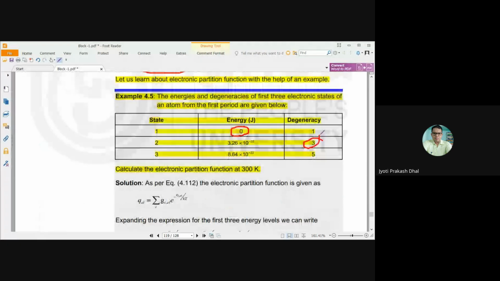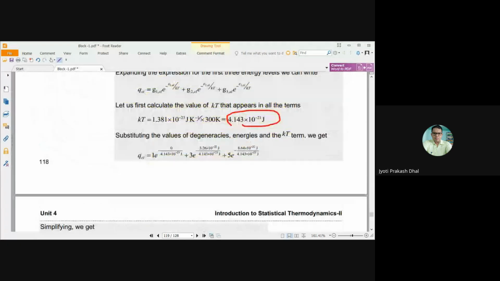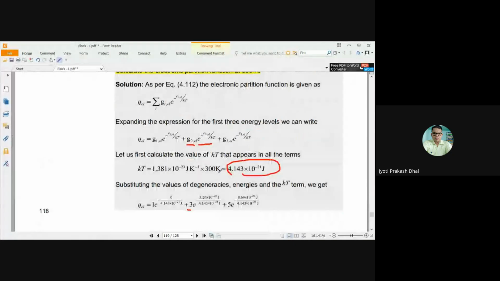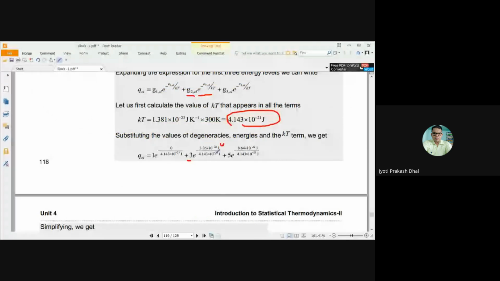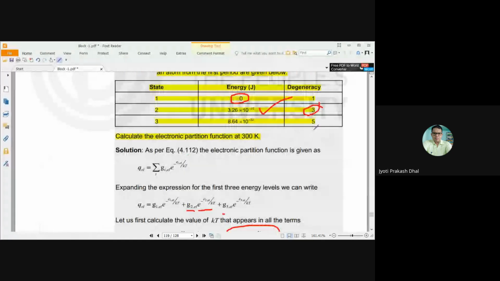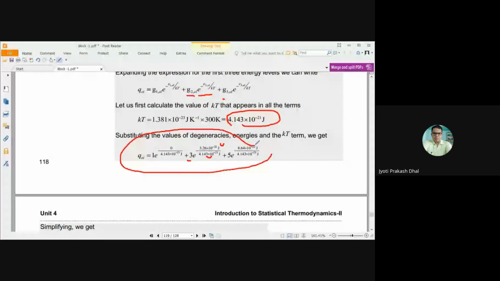So in place of g2 we will put 3, and after that e to the power minus epsilon 2 by kT. The value of epsilon 2 is given in the question, and the kT value we have solved, plus the third term is g3, which is 5, and its epsilon 3 value is there. Now putting all these values we can write q electronics like this.